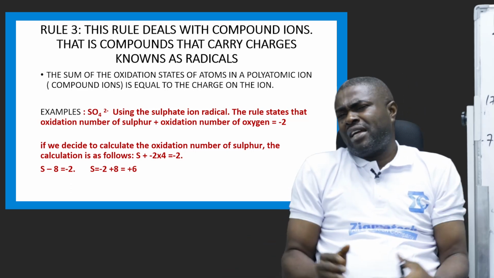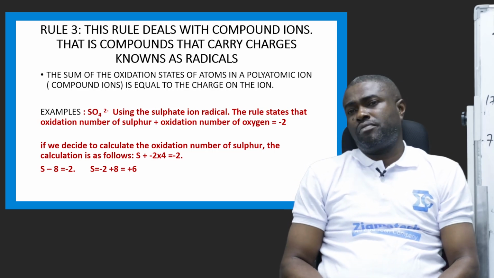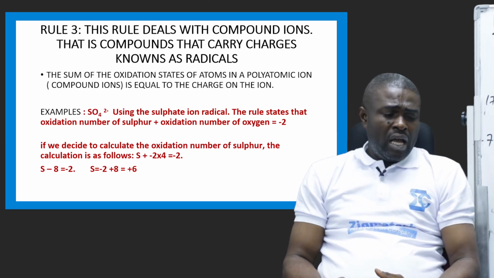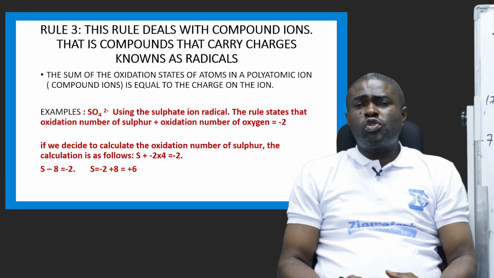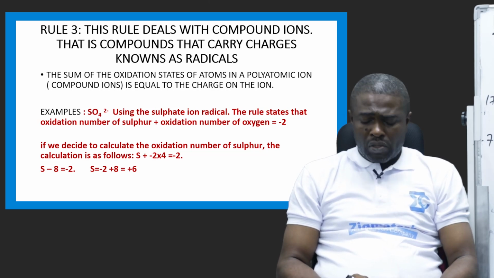How do we define these compounds that carry charges? Now listen, before I throw more light on how to apply the calculation, you need to know the meaning of these compound ions called radicals.